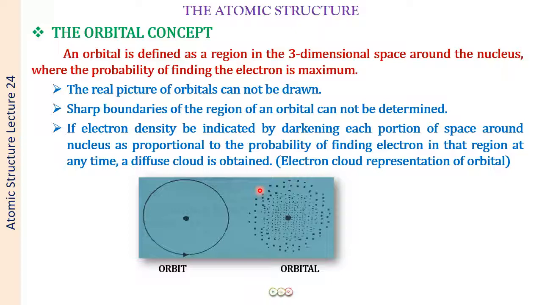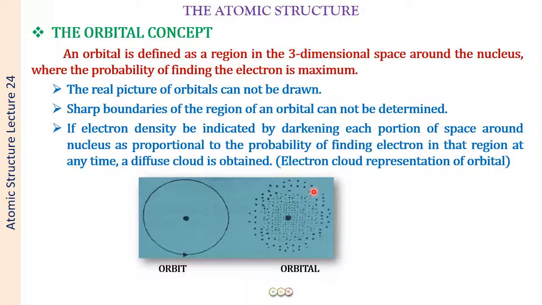Just quickly revising, orbit, this is a two-dimensional picture. It is a planar orbit, and then we have an orbital which is a 3D representation of the electron cloud, right? So the dots signify that wherever there is more density of these dots, there is more probability of finding the electron in that region.